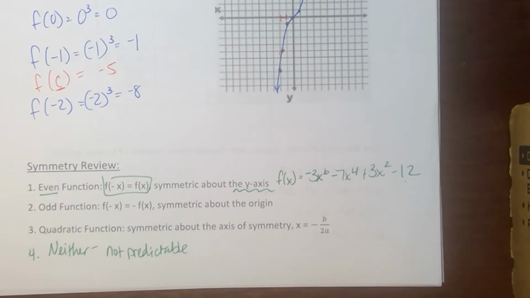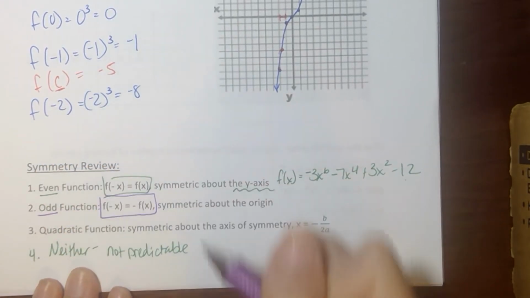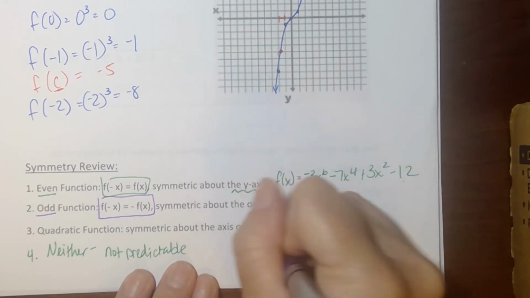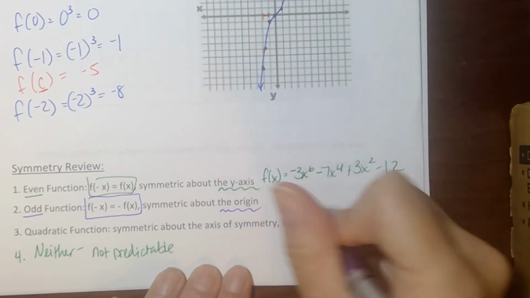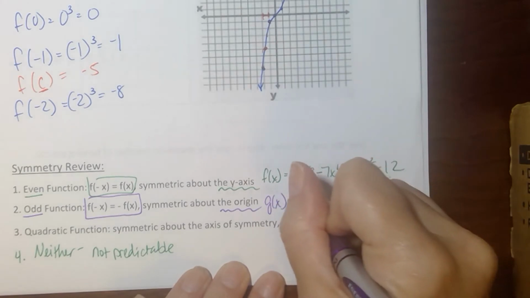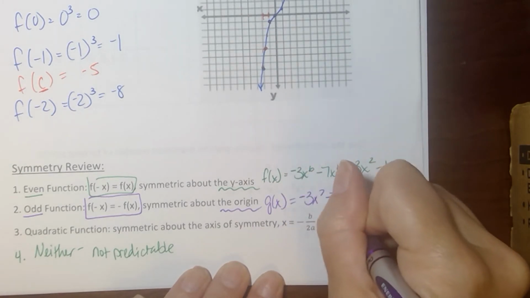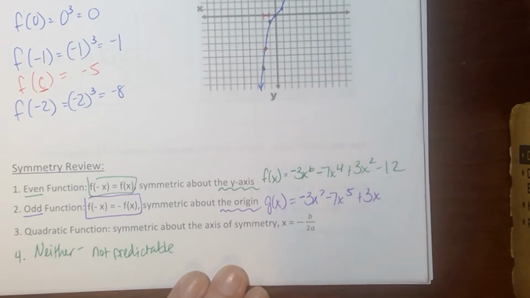What about an odd function? Well, for an odd function, when I plug in a -x, everything changes so that I get out the opposite of the original function. An odd function is symmetric about the origin. It has origin symmetry. g of x is going to be an example of an odd function. This time, instead of even exponents, all of my exponents are odd, so that they can't just pair up.